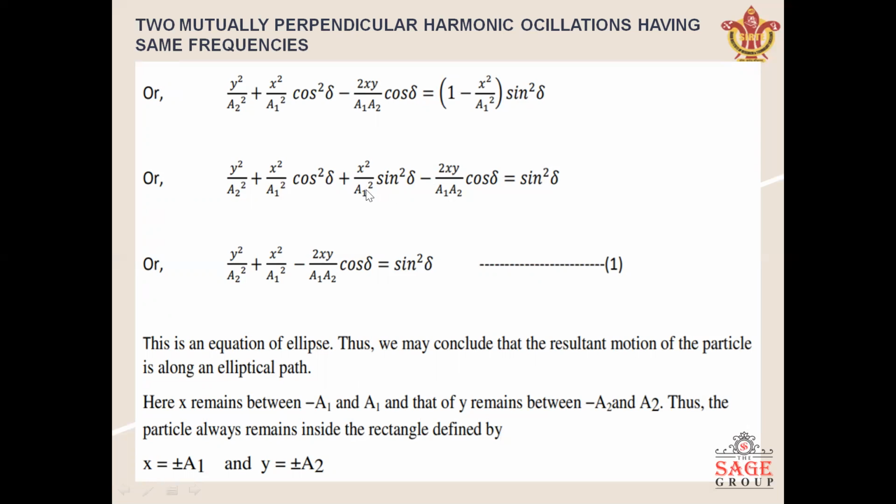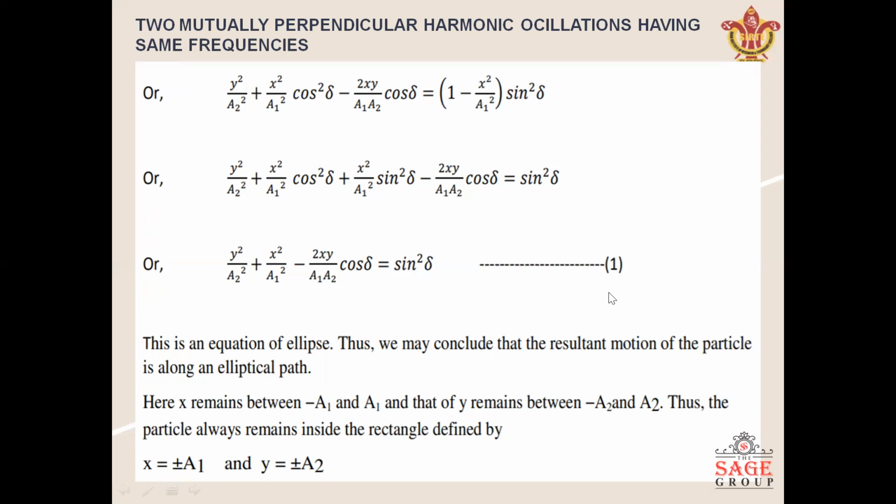In the bracket this will be cos square delta plus sine square delta, and we already know, guys, that cos square delta plus sine square delta is equal to 1. So it will give just x square upon a1 square. So y square upon a2 square plus x square upon a1 square minus 2xy upon a1 a2 into cos delta is equal to sine square delta.